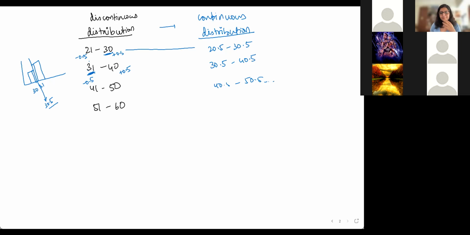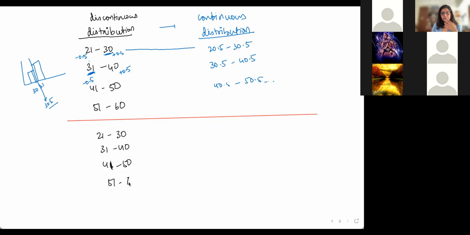There's another question. Again, we'll take the example of continuous and discontinuous only. In the discontinuous table I'm taking the intervals 21 to 30, 31 to 40, 41 to 50, 51 to 60. In the continuous table, let's say I'm taking 20 to 30, 30 to 40, 40 to 50, 50 to 60.